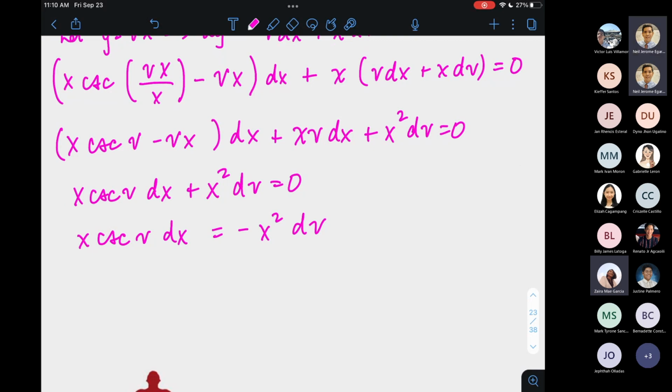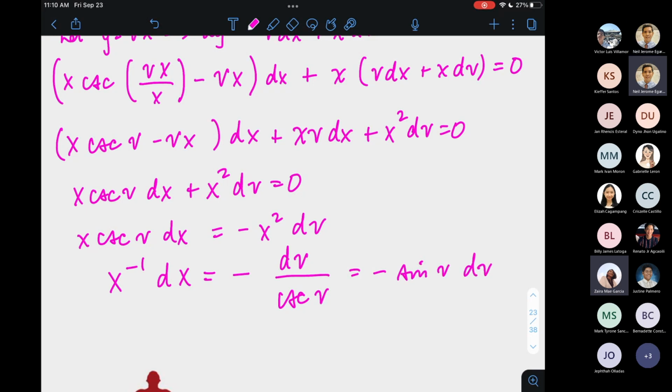Doing so will give us x divided by x squared. That will just be x to the negative 1 dx. Then this would be negative, supposedly dv over cosecant v. Pero ang 1 over cosecant v ay equal lamang kay sine v. Tama? Sine v dv.